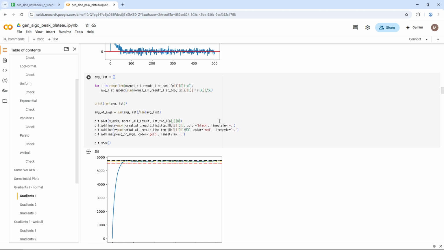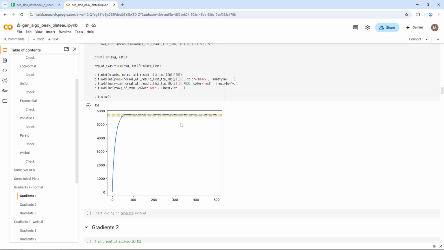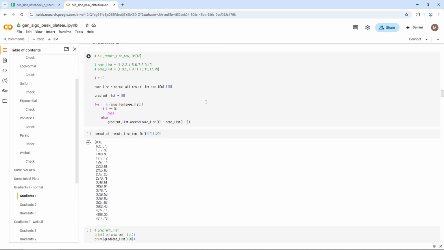When we have a look at the gold one, not this. Oh, we'll get back to this. This was the solution, but we'll get back to this.